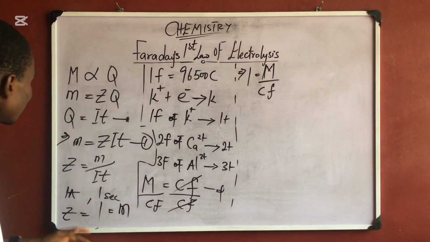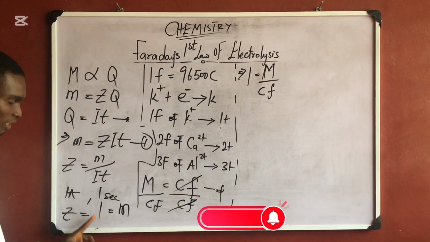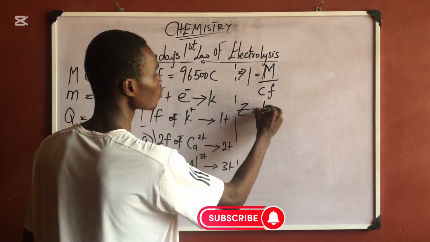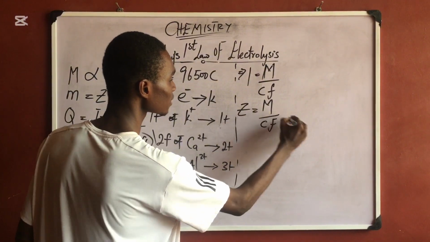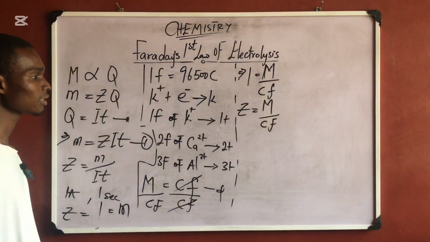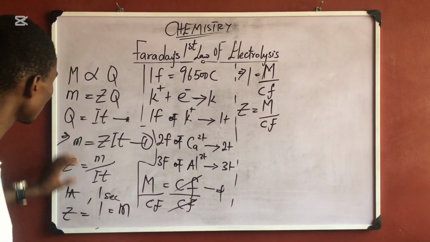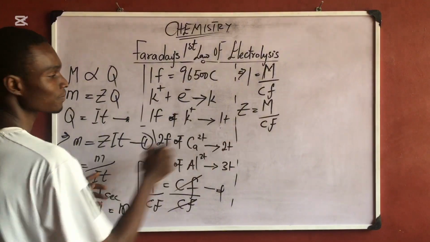But remember I said that the electrochemical equivalent is equal to 1. That means my Z can be equal to molar mass over valence charge times Faraday constant. Then if this statement holds, and this statement holds, can I equate both of them?